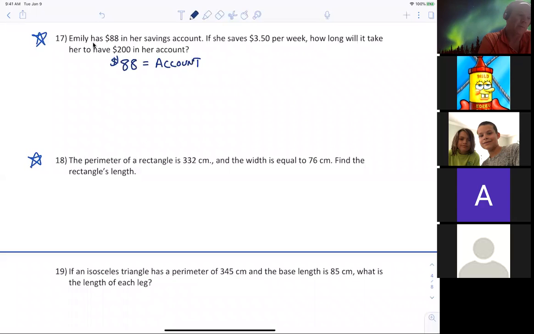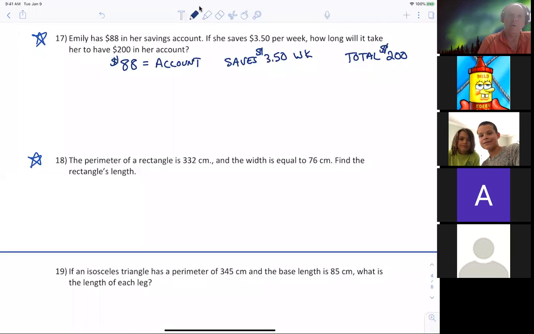Then it says she saves $350 every week. How long will it take her to have $200 in her account? I'm trying to get a total of $200.